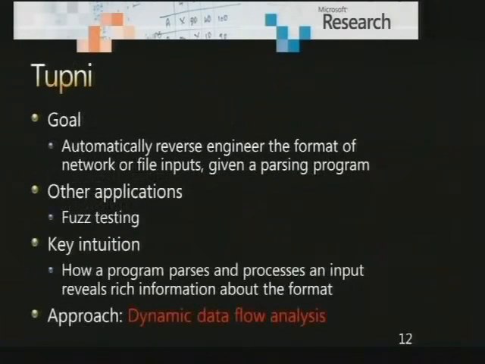The goal of Tupni is to automatically reverse engineer the format of network or file inputs given a parsing program. Tupni can be used not only for vulnerability signature generation, but also for fuzz testing.